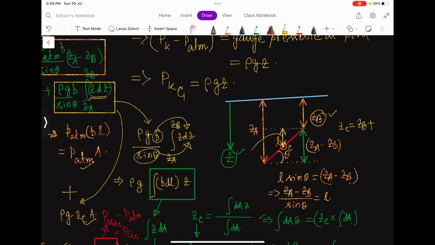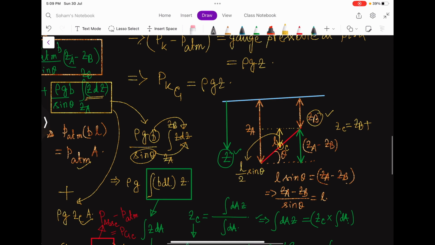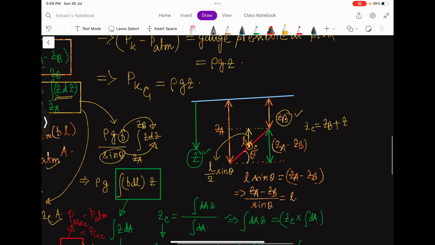So this length is nothing but L by 2 sine theta.